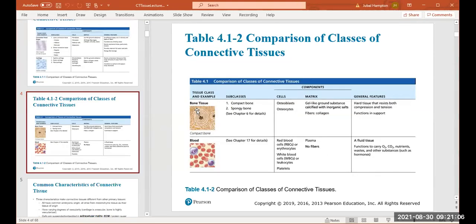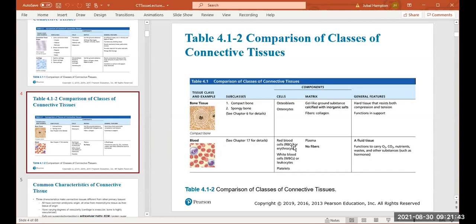Other examples are bone, blood. Yes, blood is considered connective tissue. Cell lines of bone are osteoblasts, keep in mind what I just told you about still growing, and osteocytes, the end stage mature line. Red blood cells in the blood, and then we have white blood cells. Red blood cells are colored red because of the presence of hemoglobin.